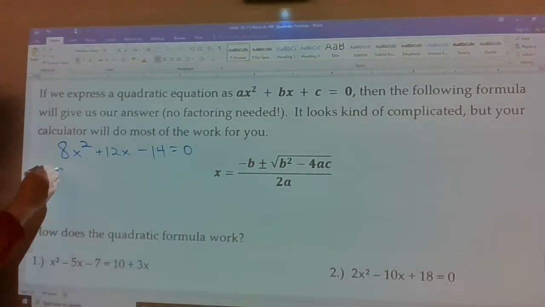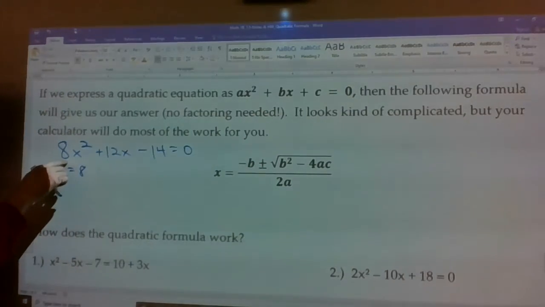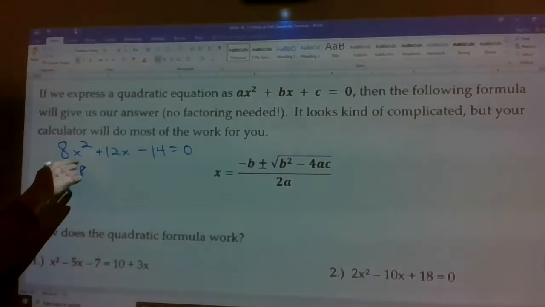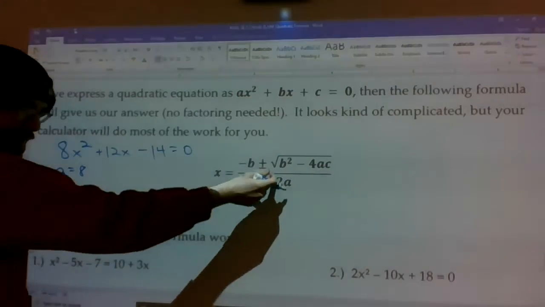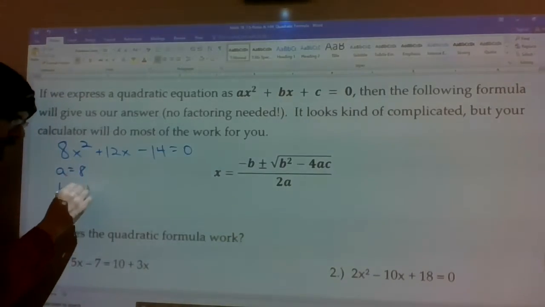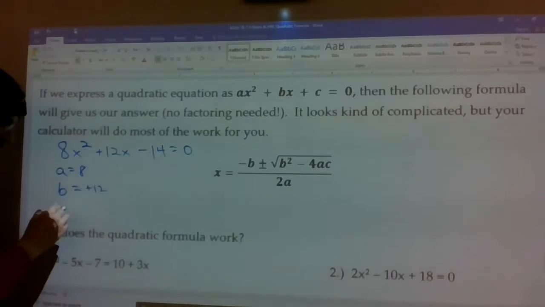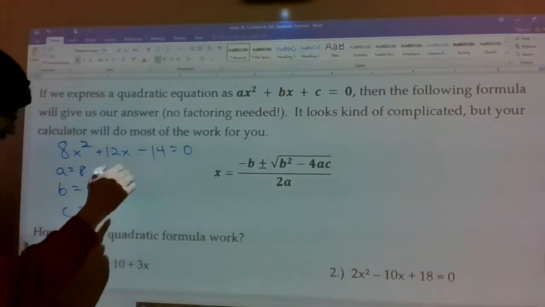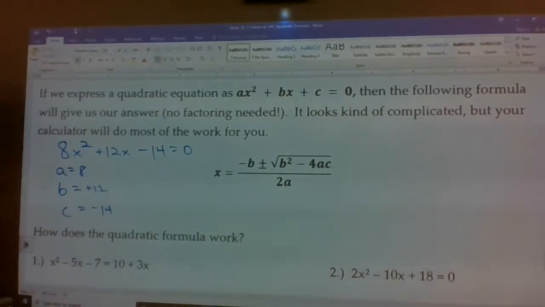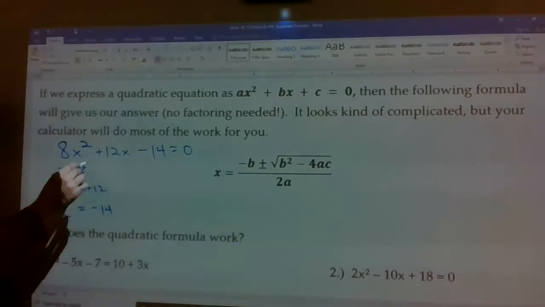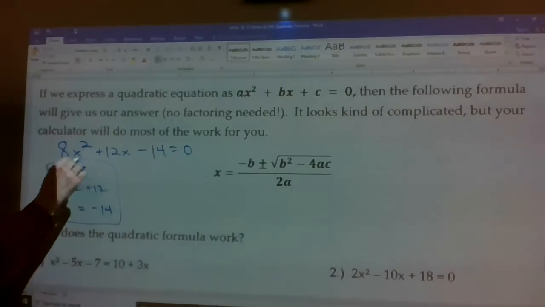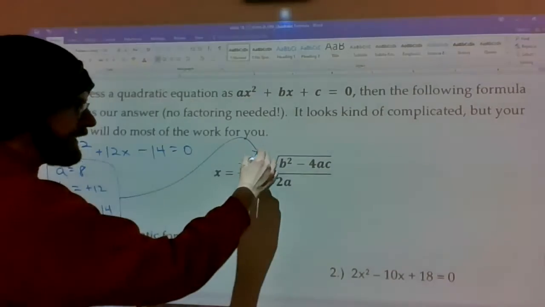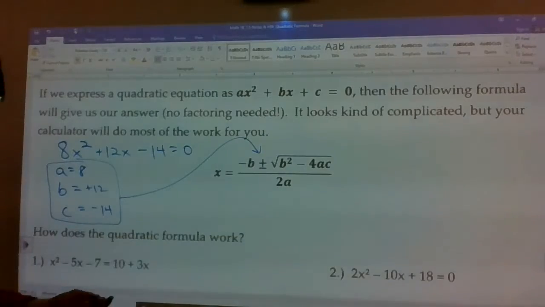The a is 8, right? ax squared. The b that's in this formula is positive 12 for this particular example. The c is going to be minus 14. So you're going to take these three values and you're going to plug them into this formula. Here's what it looks like.